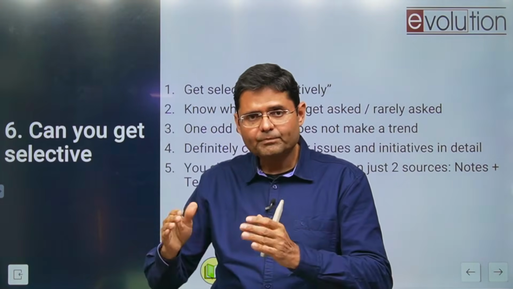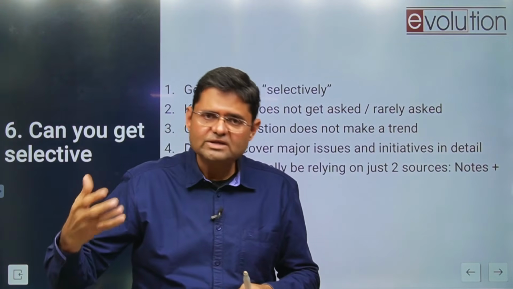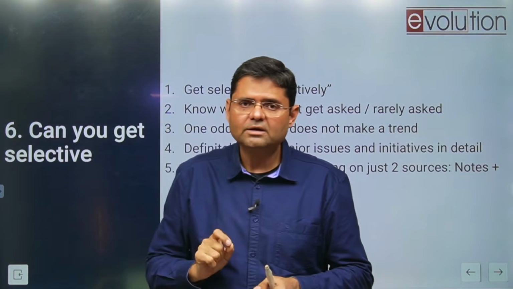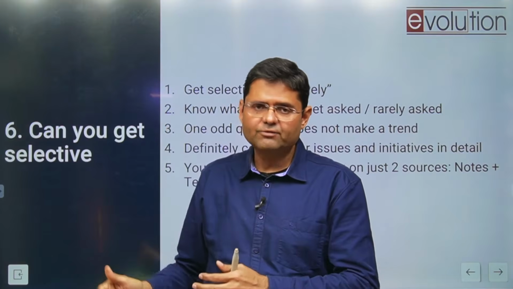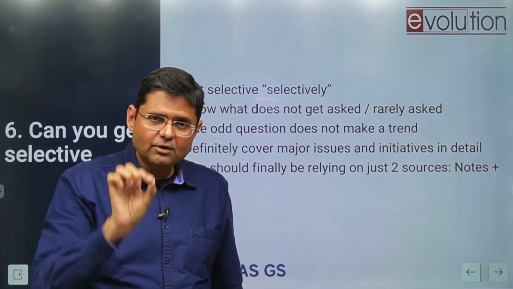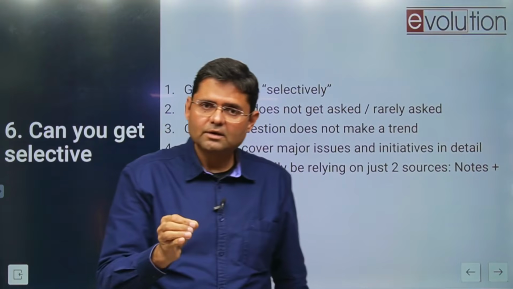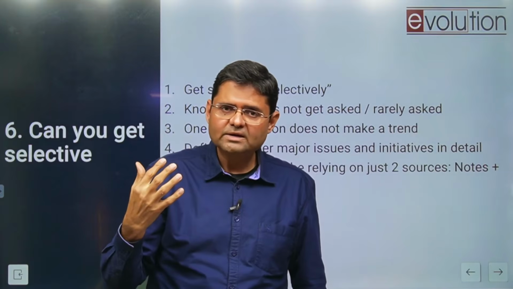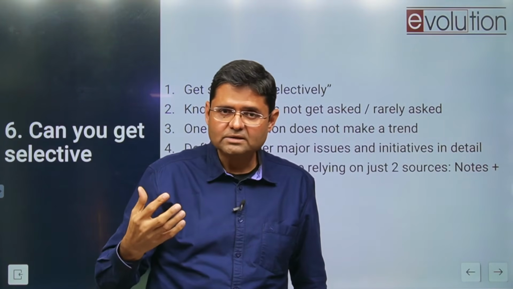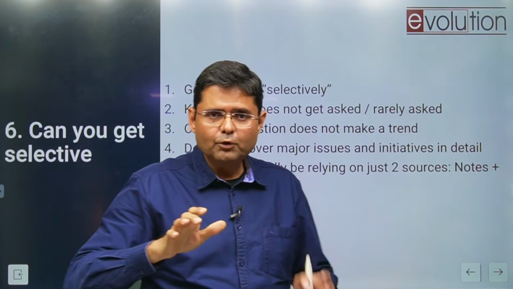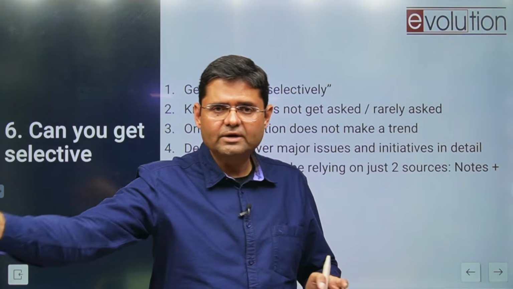And even if there is a rare question which really digs deep into the technicalities of science and tech and environment, understand that one rare question does not make it a rule, because the human mind works like Teflon to good things and Velcro to bad things. One question that you could not solve has the potential to put your preparation in an entirely different direction.